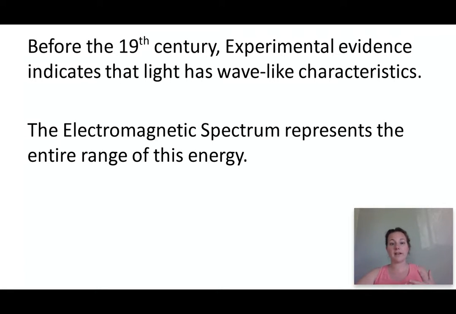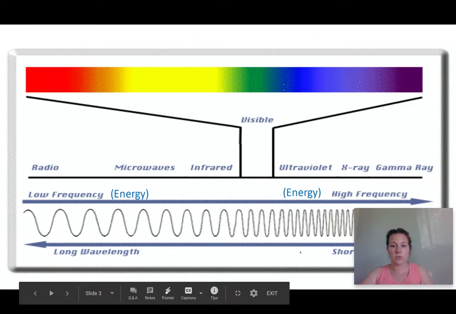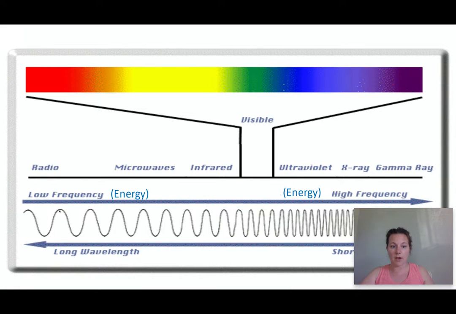Now, the electromagnetic spectrum is what represents an entire range of energy that travels like a wave. This is our electromagnetic spectrum, and we talked about this last year in 3U. And part of our discussions were that the wavelength, from the top of one crest to the top of the next crest, is a full wavelength.